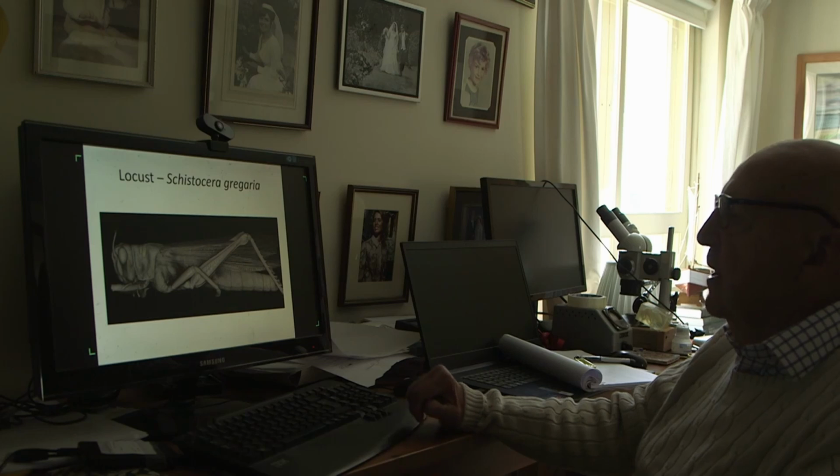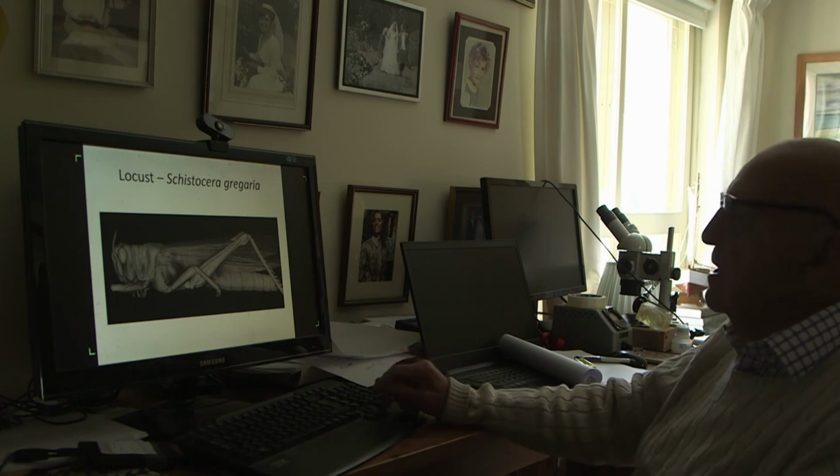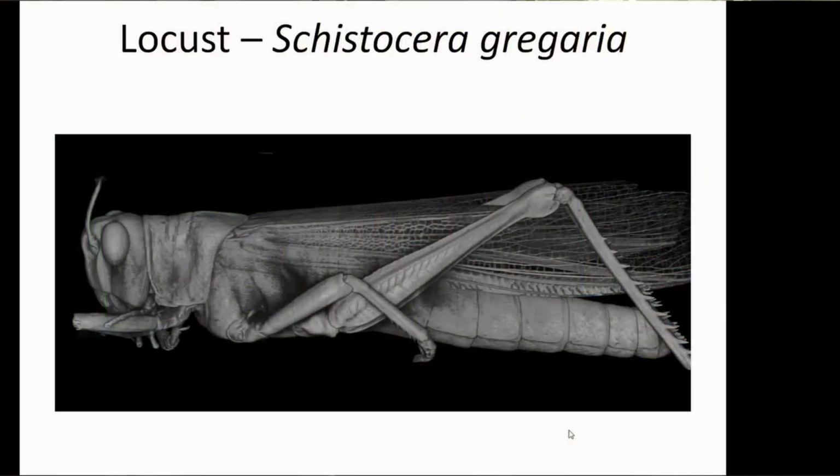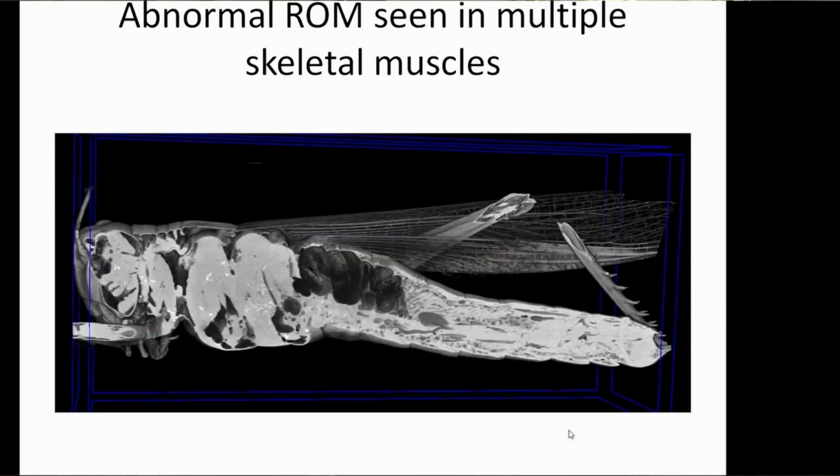And finally, a quickie. We've already seen several scans of this locust, but the abnormality I wish to comment on is as follows. When we cut into the locust, you can see in the muscles, both the flight muscles and the adductor mandibular muscles and the muscles in the legs, you can see these multiple white areas of high attenuation.